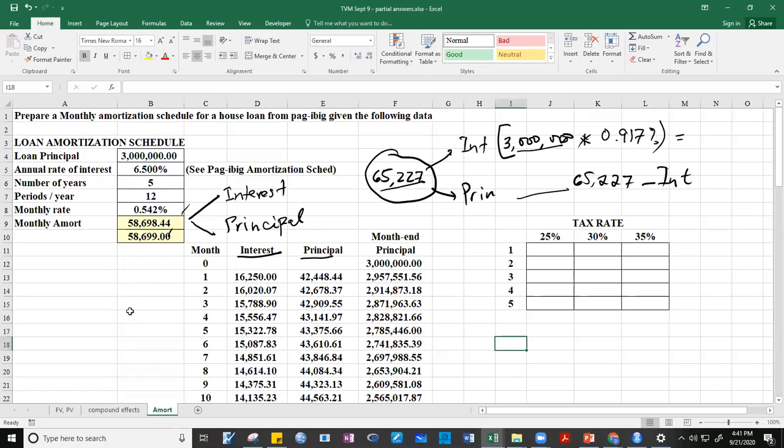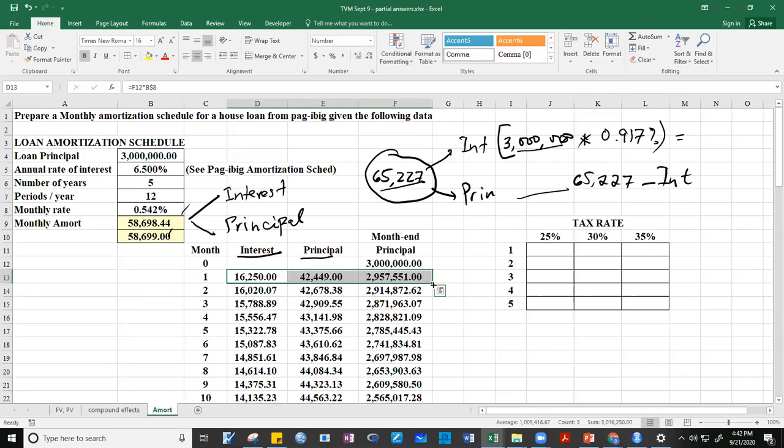So, ang ginawa ko, binago ko yung monthly amortization. Ginawa kong rounded off to the nearest peso, 58,699. So, yung formula natin, dito mababago siya. Ang principal natin, okay na. Dito na sa B10. Dito na. So rounded off dun sa nearest peso. Control enter. Alright.